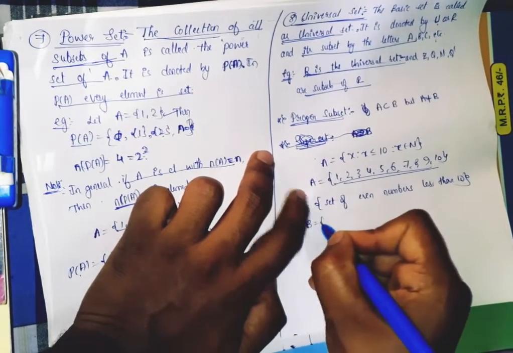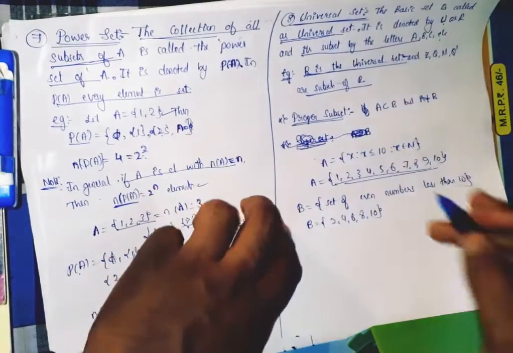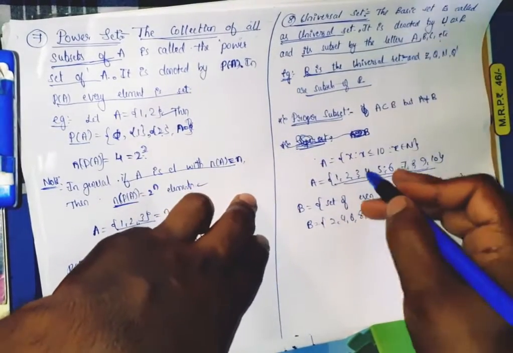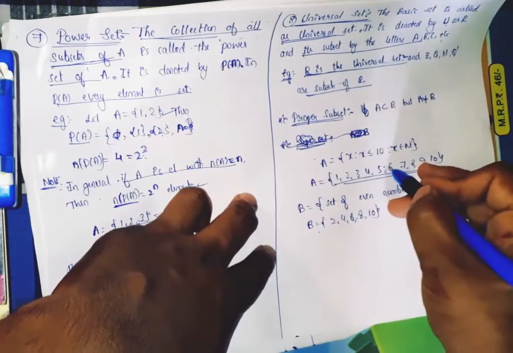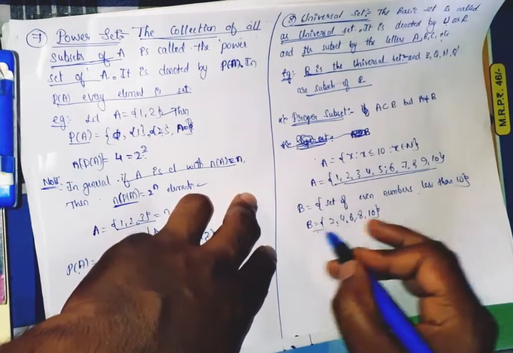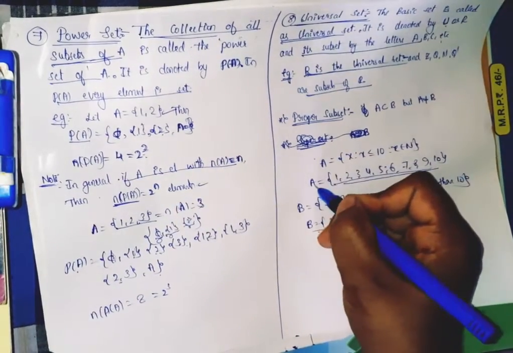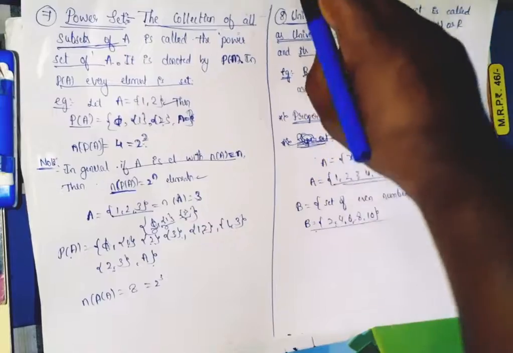So set B is {2, 4, 6, 8, 10}. So this set A is the universal set, and B is obtained from this set A, that is the set of even numbers 2, 4, 6, 8, 10, which is a subset. So this A is the basic set, and this is called the universal set.